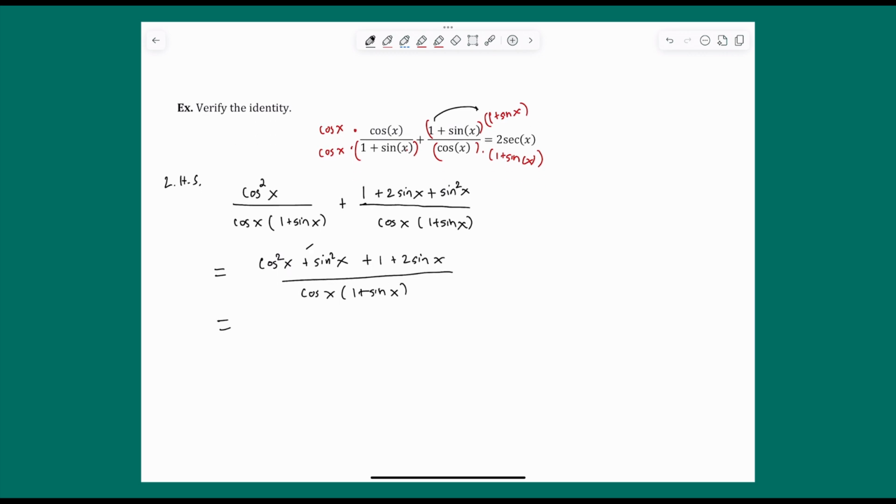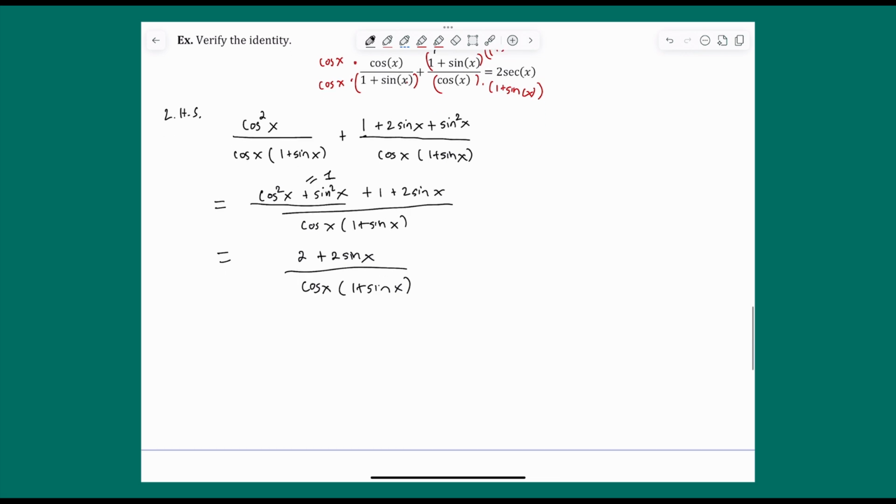All right, well, we know that's going to equal 1 because of the Pythagorean identity. So we're left with 2 plus 2 sine of x all over cosine of x times 1 plus sine of x. All right, and so we can see there's a 2 in common in the numerator, so let's factor that out, and that leaves us with 2 times 1 plus sine of x all over cosine of x times 1 plus sine of x.